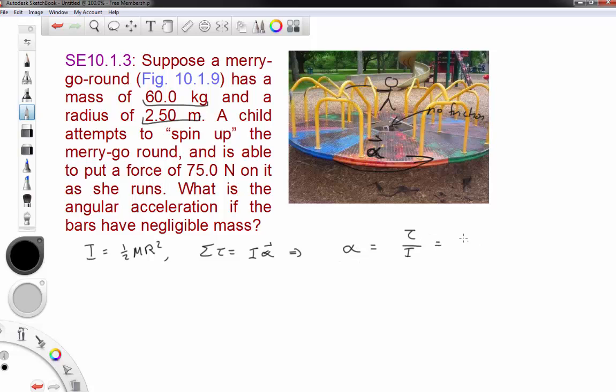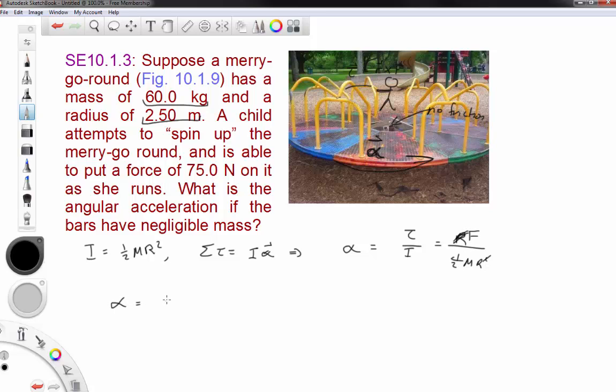All right, well, the torque is going to be given by the force that the child is applying. So tau is equal to r cross F. And so that means there's basically going to be the radius times the force. Sine of the angle should give us 1. This is then being divided by 1/2 of mr squared. This radius and this radius are equal, so we can cancel out the squared part of this r with this r.